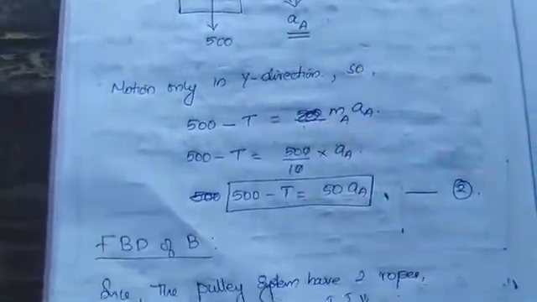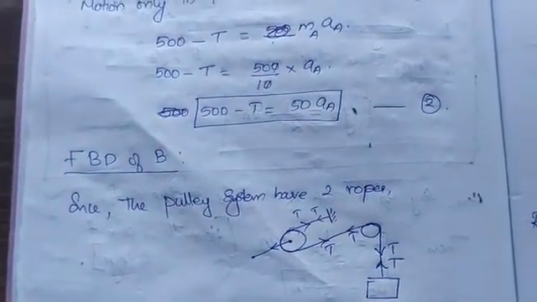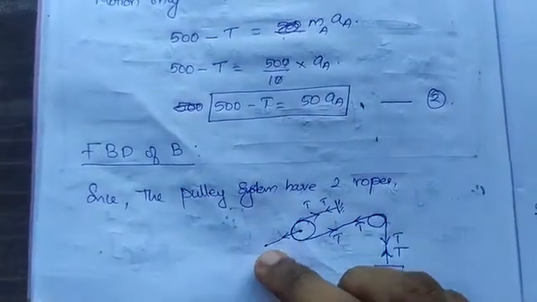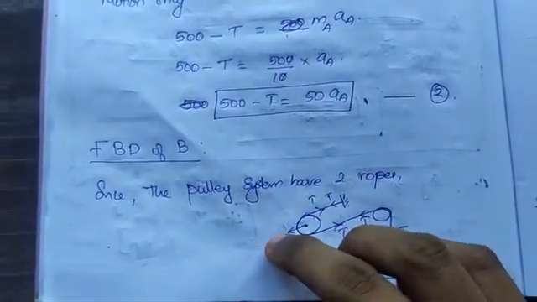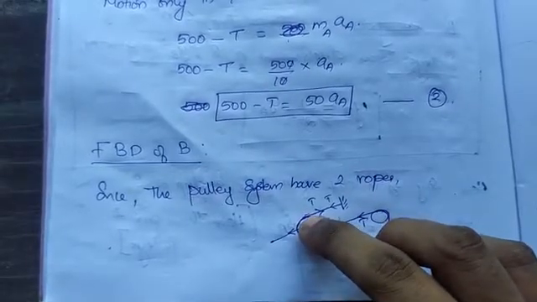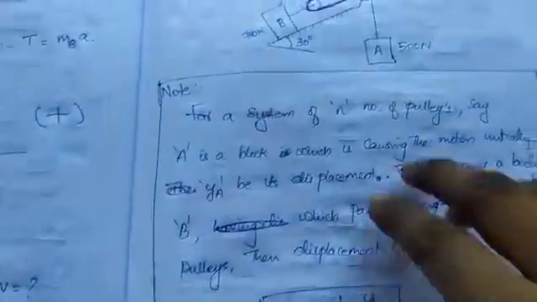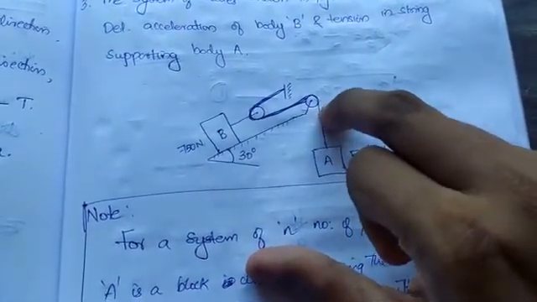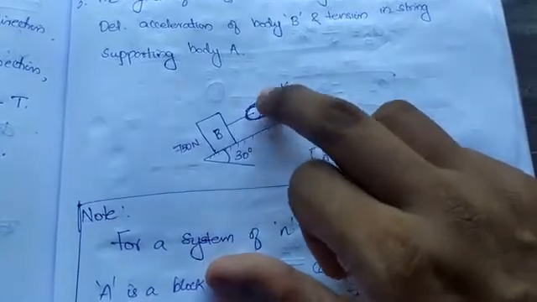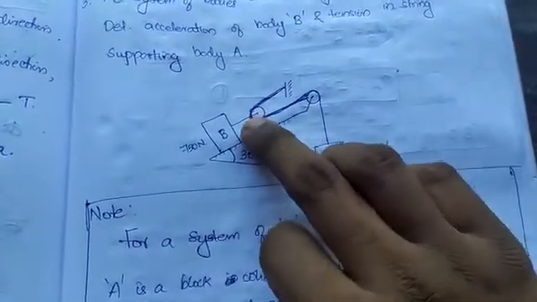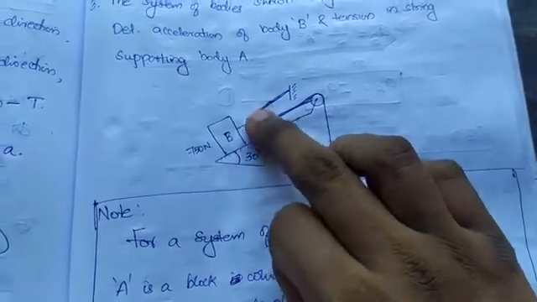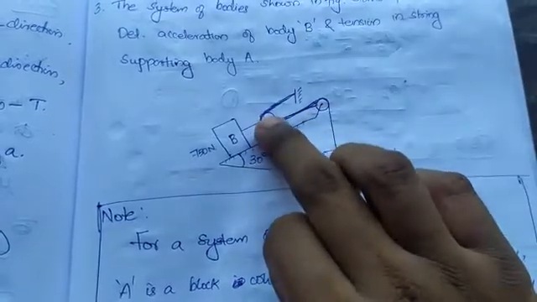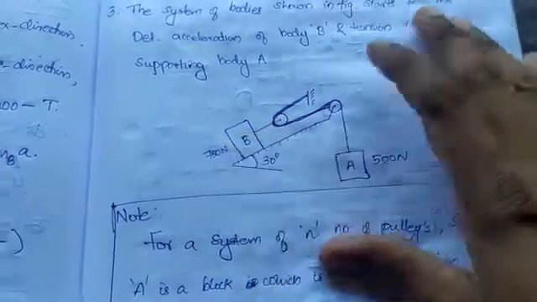Now, if you analyze the free body diagram of B, the B is like this here, but you have a string connected. You will have tension T going upwards and downwards. From here again tension T and again tension T. In the free body diagram of this pulley, there will be a tension T along this direction, tension T along this direction, and an unknown tension along this direction.